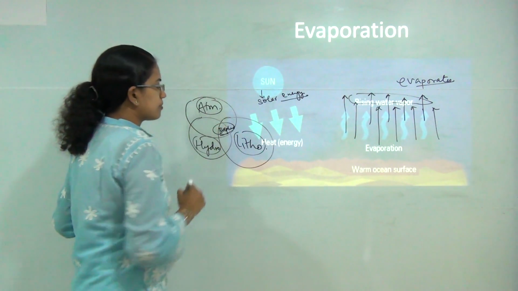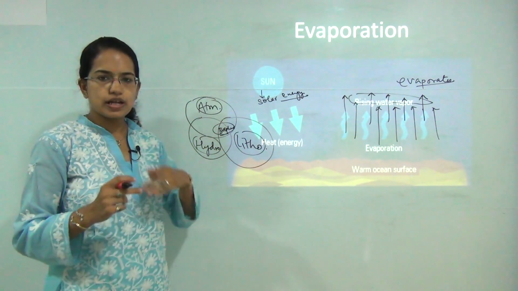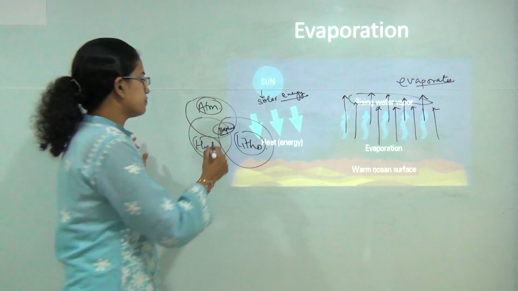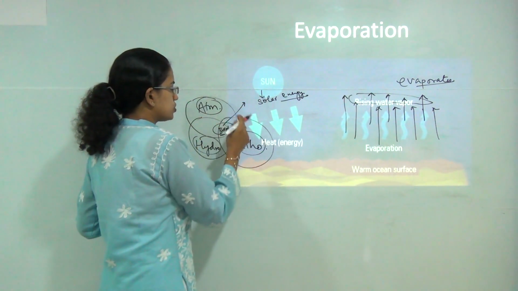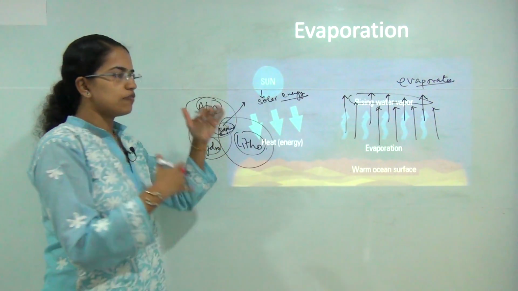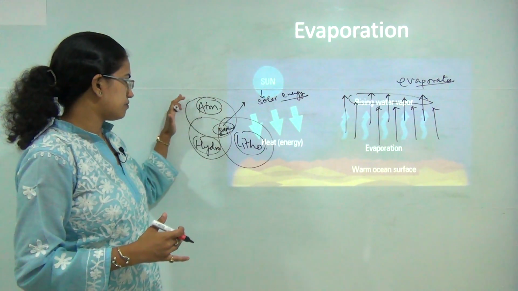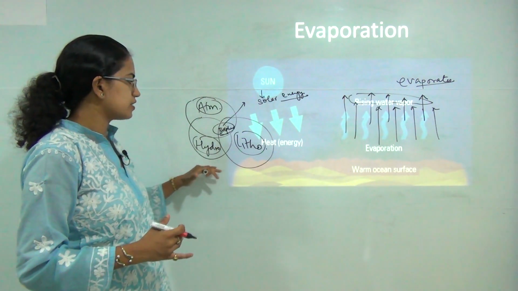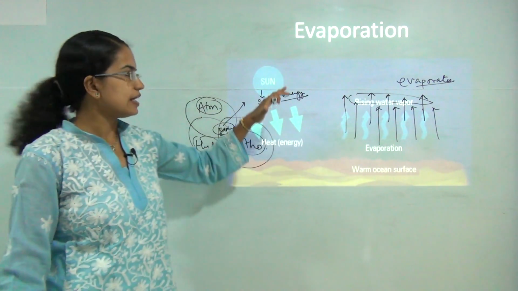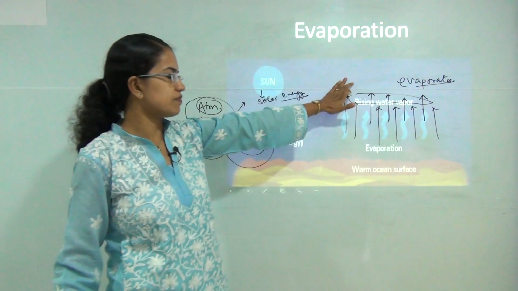So we can say the water cycle is the circulation or cycling of water within the biosphere. This cycling of water takes place in all the three spheres, that is atmosphere, hydrosphere and lithosphere.